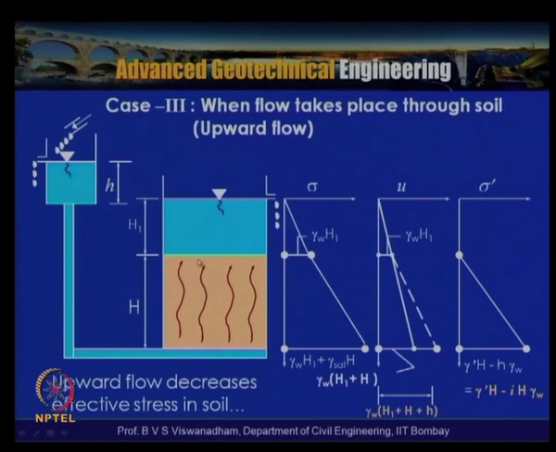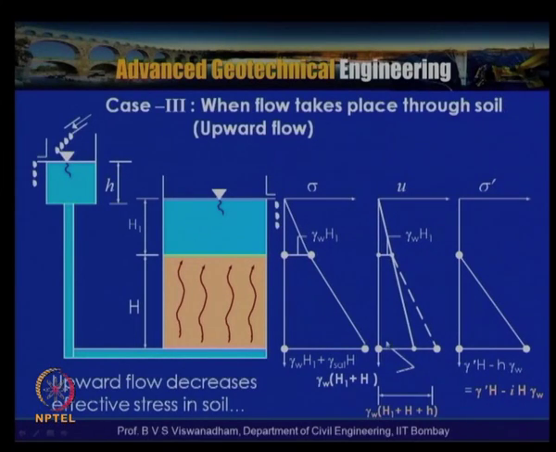That means that the hydraulic gradient over this length is i equal to small h by capital H, and because of this the pore water pressure ordinate here is gamma W into H1 plus H plus small h, and here it is gamma W into H1.